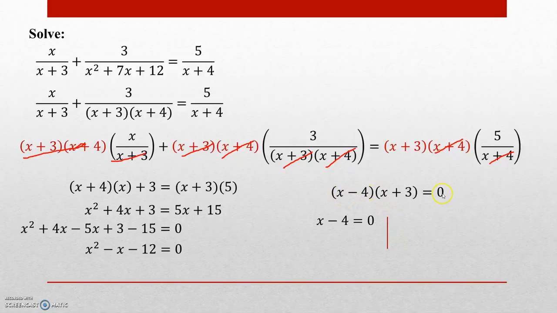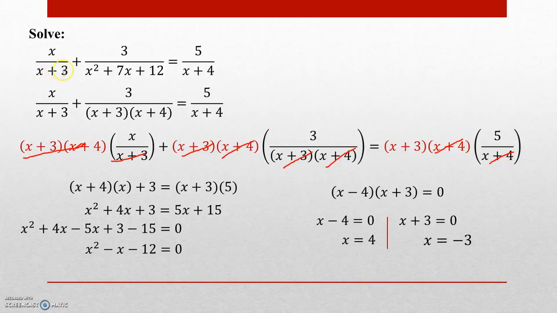So, ito na. We have the two zeros here. X minus 4 equals 0, so x equals 4. And then, x plus 3 equals 0, so x equals negative 3. Ngayon, look at the two solutions here. Let's try negative 3. Ito ang quotient natin. Pag ilalagay ko ang negative 3 dito, anong sagot natin?